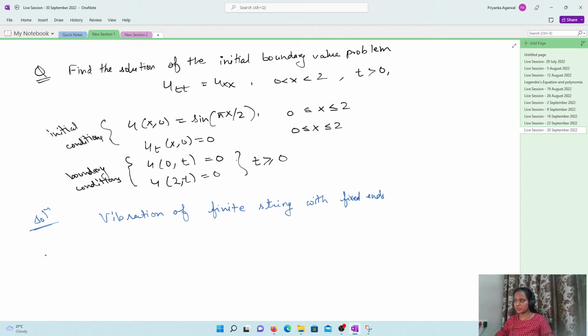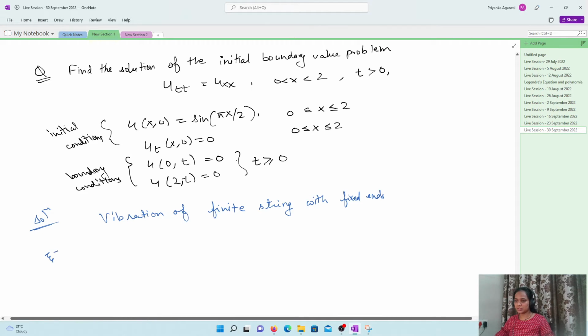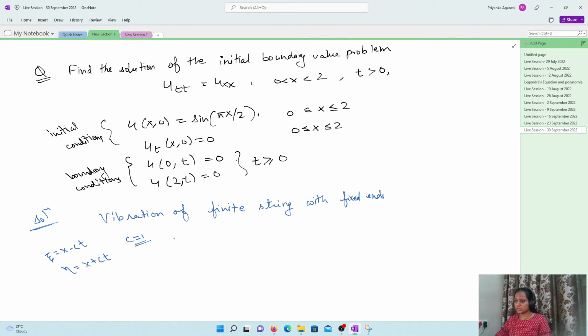So the transformation which we apply is always xi equals x minus ct and beta equals x plus ct, and c is 1 here, right? Then xi equals x minus t and beta equals x plus t, right?